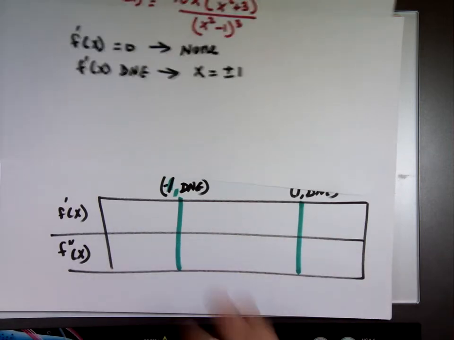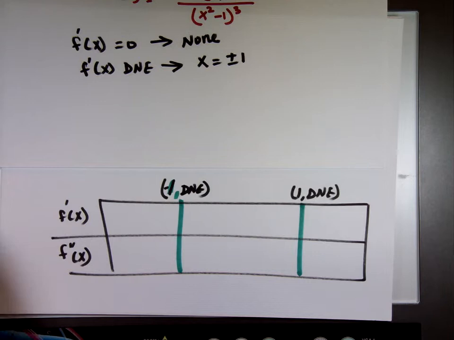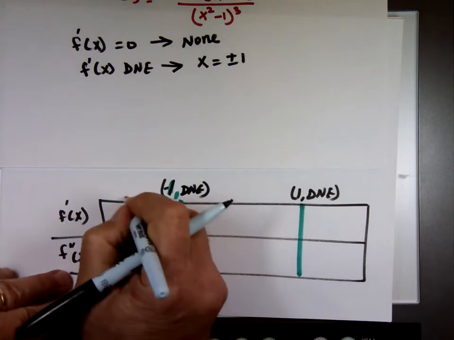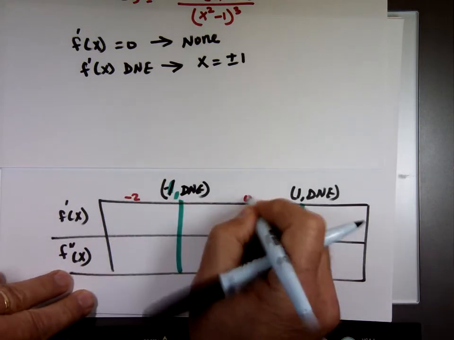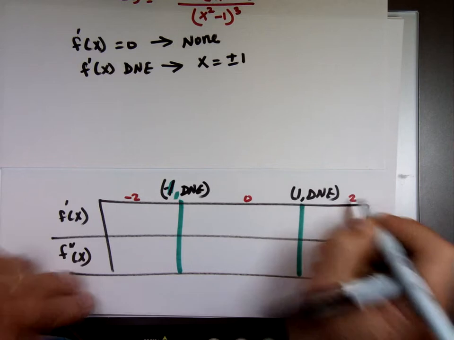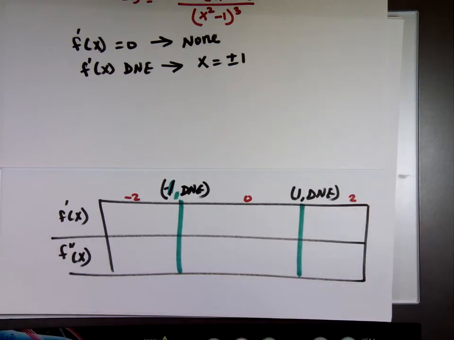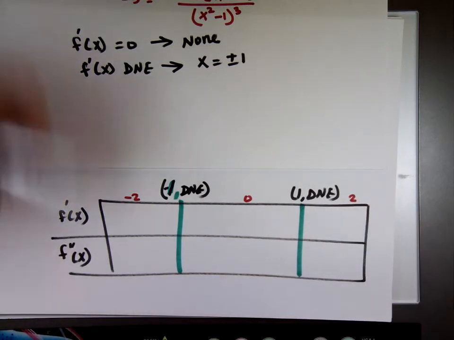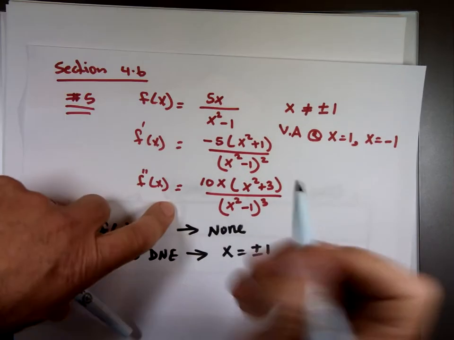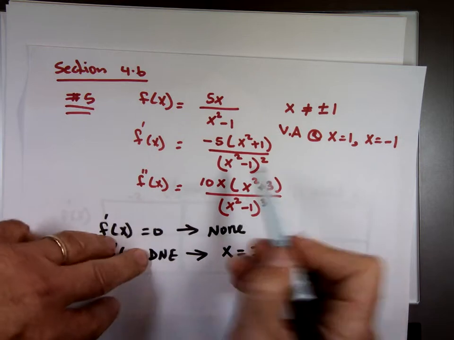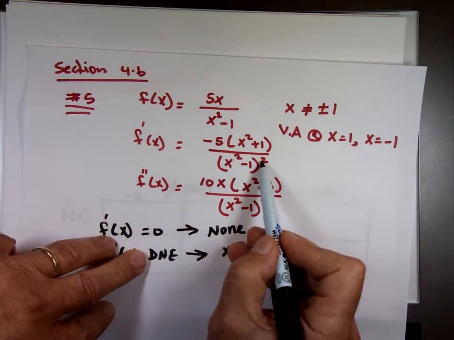So we're going to take a test point in each segment: less than minus 1, negative 2; between minus 1 and 1, 0; more than 1, the 2. And let's find the derivative. Now, here's the good news. Let's look at the derivative. Watch this. I don't even have to plug in numbers. The bottom is always what?